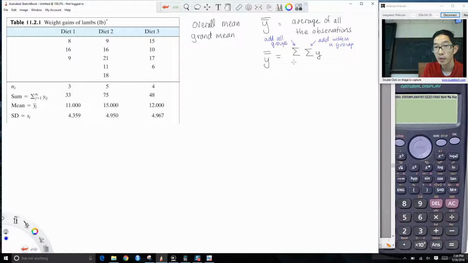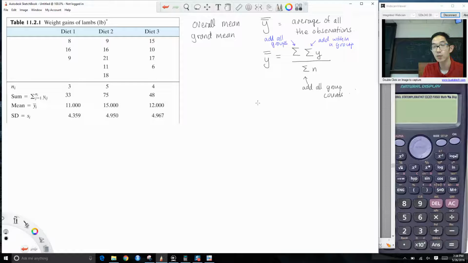Okay, and we would divide this by basically the sum of all of the group counts. Add all group counts.